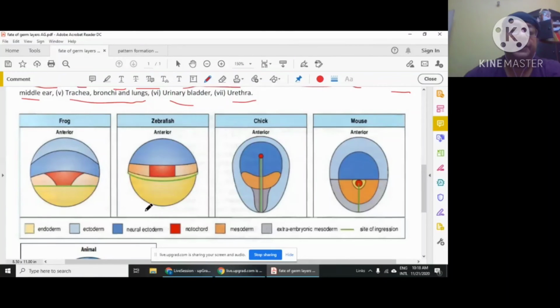The red color forms your notochord. This color is the mesoderm. So these are the different regions in the mouse, chick, and zebrafish, all fate maps showing which regions form what.